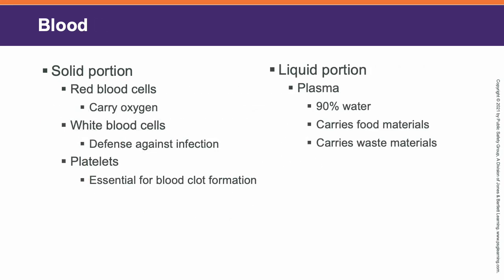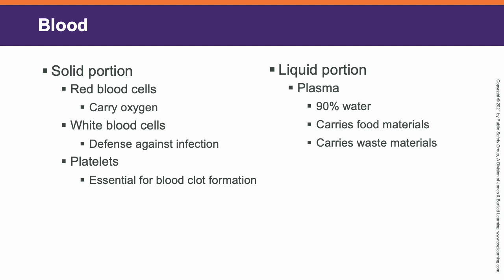All right. So the last portion of the cardiovascular system we're going to talk about today is your blood. Your blood is made up of some different structures, the solid portion of your blood being cells, and the liquid portion of your blood being plasma. Okay? So the solid portion of your blood is made up of red blood cells, white blood cells, and platelets. Your red blood cells carry oxygen. They're like little sailboats that carry oxygen to take it to the cells of your body.